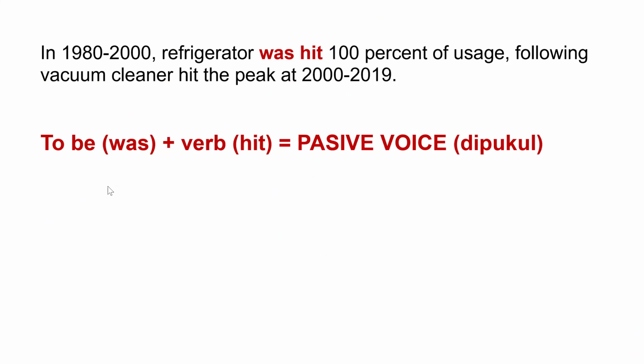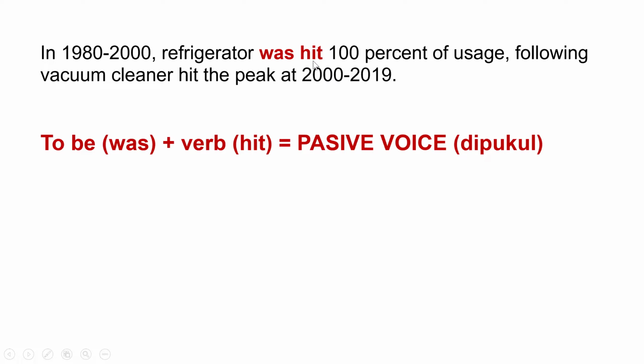Okay, here we have a sentence. In 1980 to 2000, refrigerator was hit 100% of usage following vacuum cleaner hit the peak at 2000 to 2019. Okay, take a look at this.